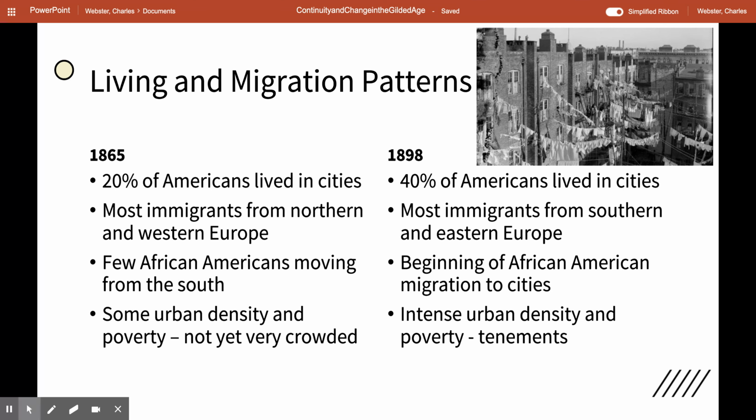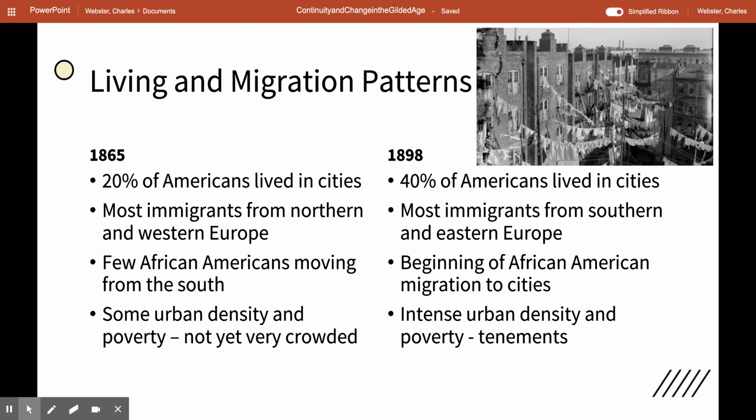We're going to take a look, like I said, at the changes and what remained the same in terms of living and migration patterns. So in 1865, only about 20% of the population lived in cities. Most of the migrants to cities were Irish and German immigrants coming from Northern and Western Europe. Most African Americans continued to live in the South in the immediate aftermath of the Civil War.